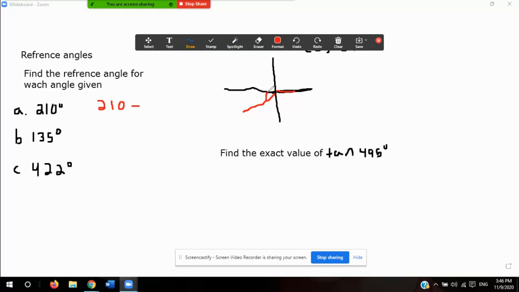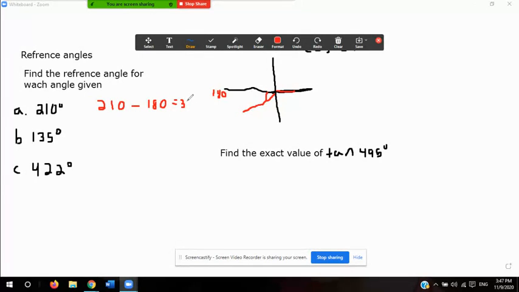So if the terminal side of an angle is in quadrant 3, we say that z is here, and this is 180 degrees. So what we're going to do is subtract 210 minus 180, and our answer is 30. So that means that the reference angle for 210 is 30 degrees.